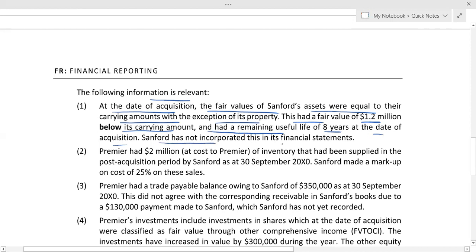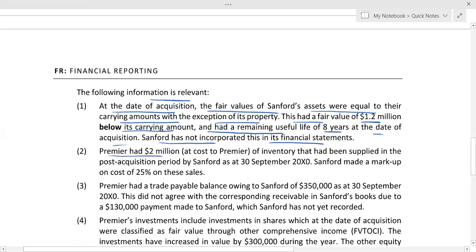Sanford has not yet incorporated this in its financial statements, so we'll look at this. Logically, we do have a fair value adjustment, but this time it's not positive. It is not increasing the net assets. It is a decrease in the property value, so it will reduce the net assets.